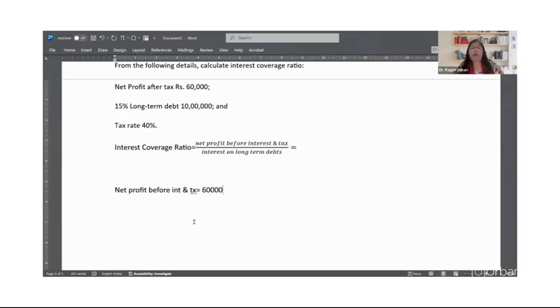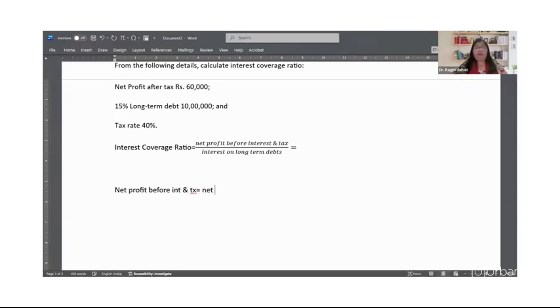That is net profit after tax. Then we need to add tax to it. How much is the tax rate? The tax rate is 40%. So how do we find out this net profit before tax? We can use a formula here. Okay, let me write the formula.